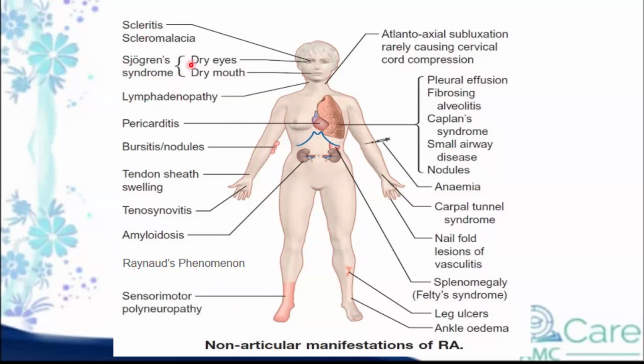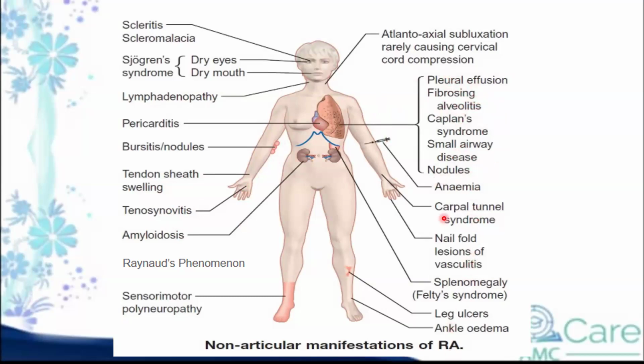Just have this picture in mind for the extra-articular features. It can affect the heart, right? Bursitis around the tendons and the muscle sheaths, tendon sheath swelling, tenosynovitis, amyloidosis, and then the lung can get affected. There can be effusion, fibrosing alveolitis, lung nodules.